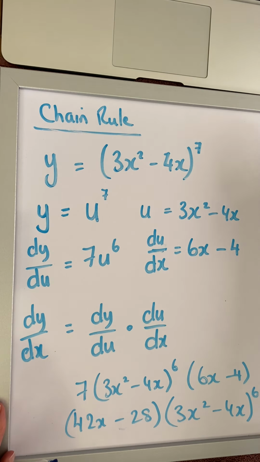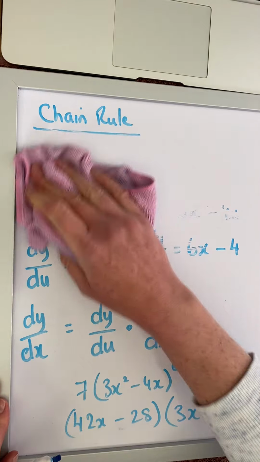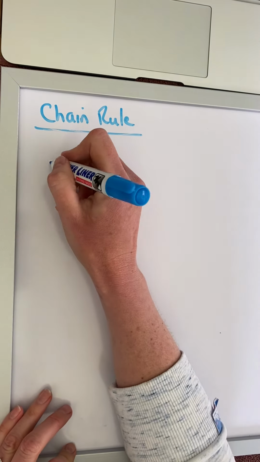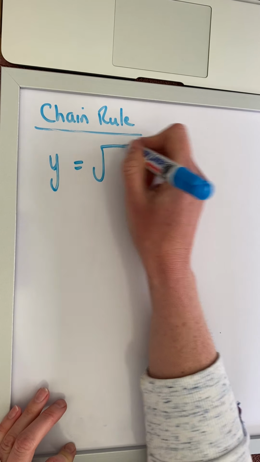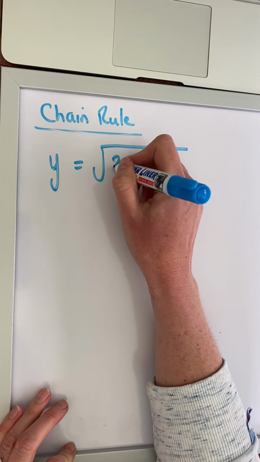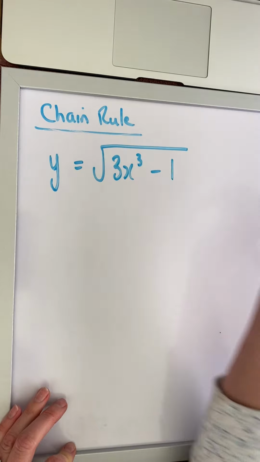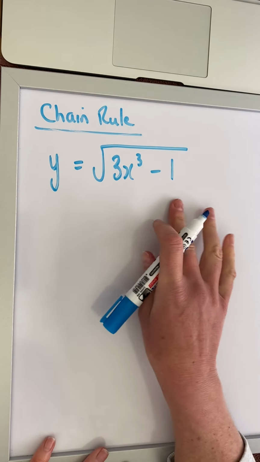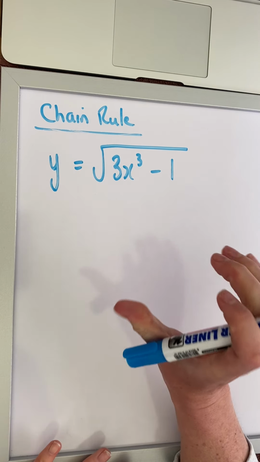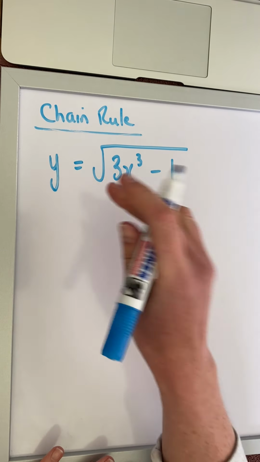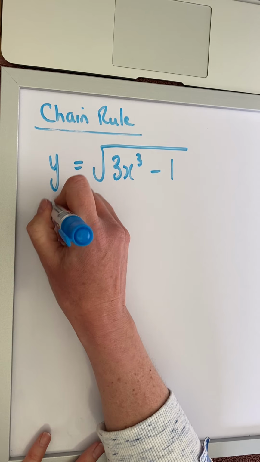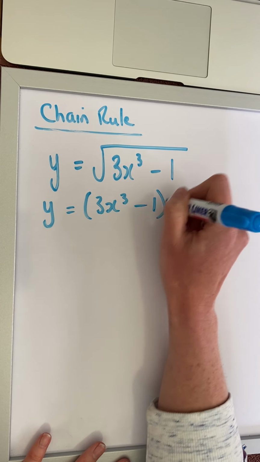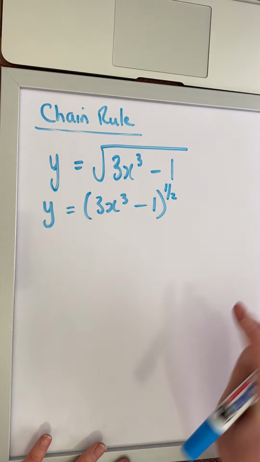I'm going to look at another question on that chain rule now, just to make sure that we understand it fully. So if we look at this question here, we're looking at y is equal to the square root of 3x cubed minus 1. So again, we're dealing with a square root sign. The first thing we need to do in order to be able to differentiate the square root sign is change that square root sign to the power of a half. So we're going to change that to 3x cubed minus 1 all to the power of half.